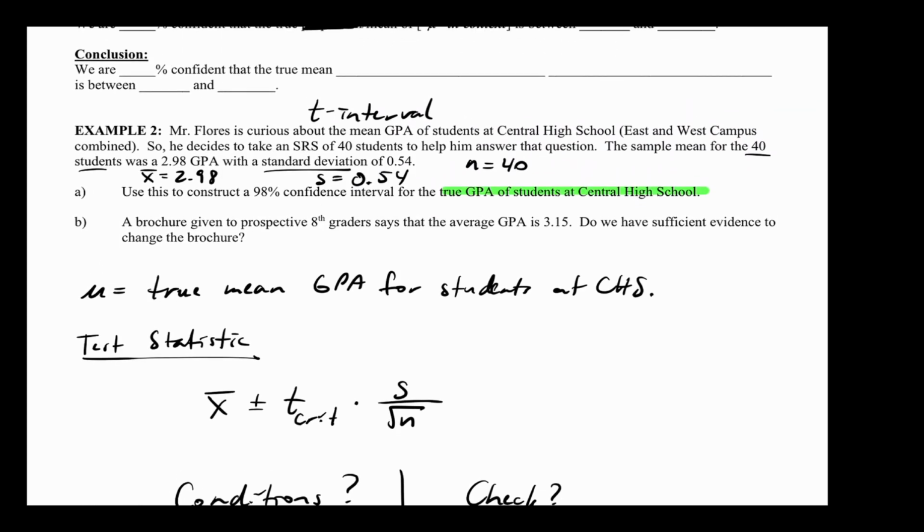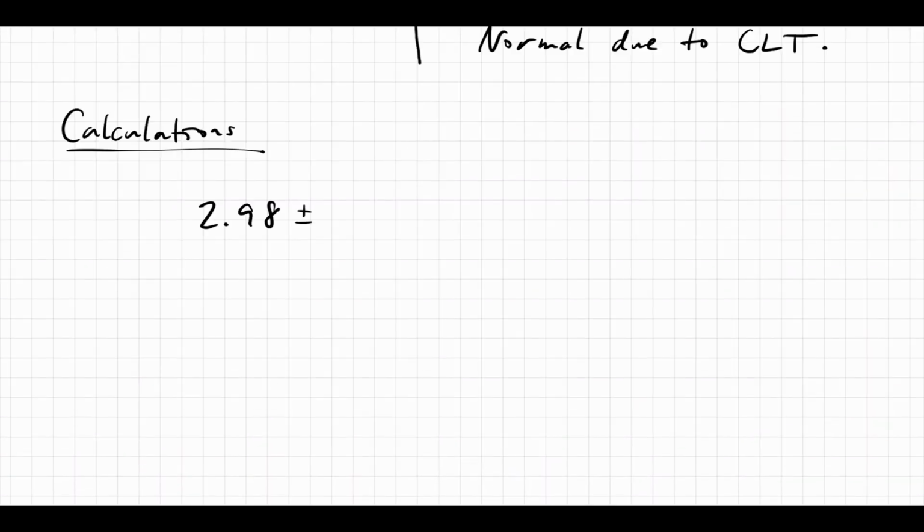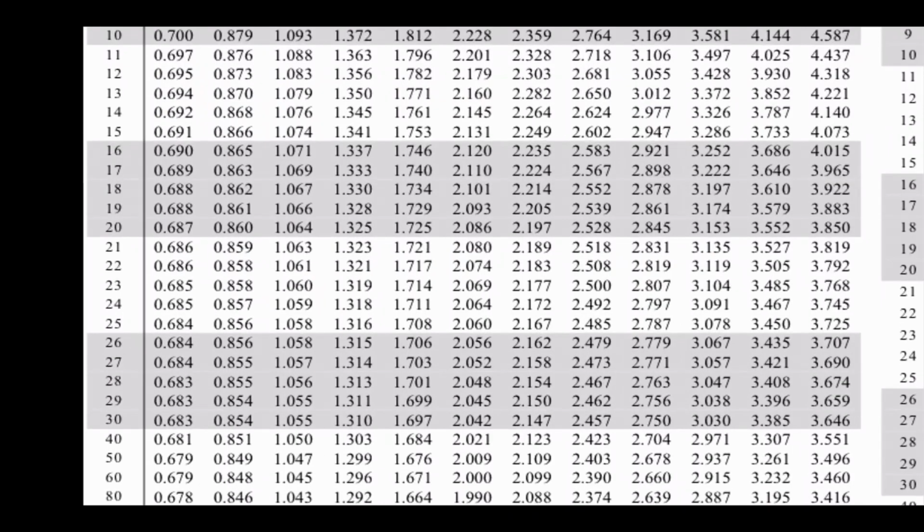We need to find degrees of freedom. Good. So for this question here, what is degrees of freedom going to be? 39, right? 40 minus 1 or 39. Okay. So we have 39 degrees of freedom. Okay, so let's go to my chart.